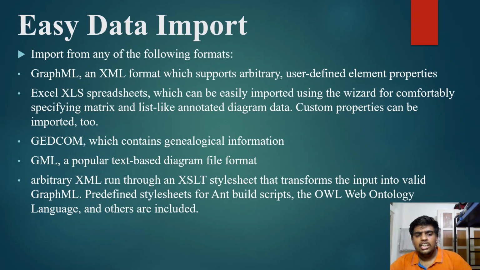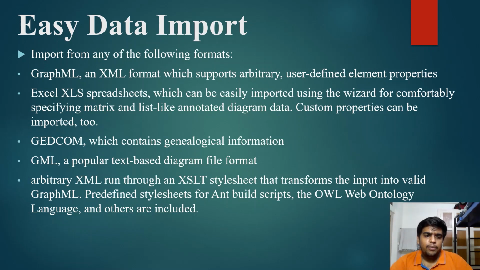Now let's talk about the easy data import. You can import any of the following formats: GraphML, an XML format which supports arbitrary and user-defined element properties, and XLS spreadsheets, which can be easily imported using the wizard for comfortably specifying matrix and list-like analytic data. Diagram custom properties can be imported as well.